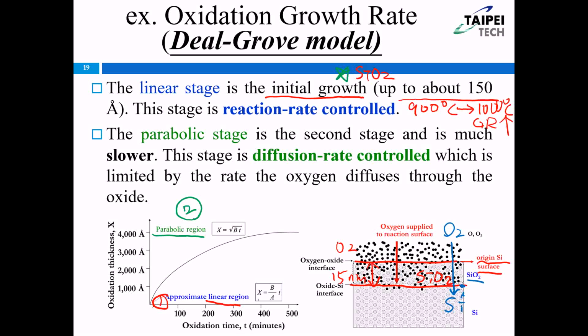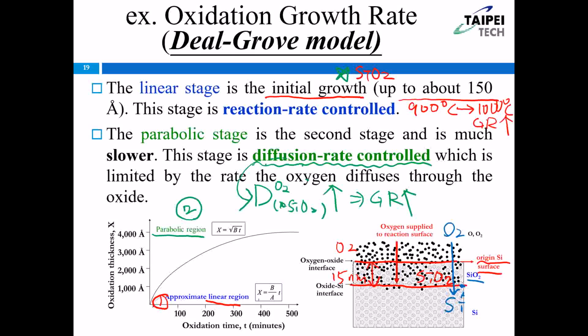So here, if the diffusion coefficient of the oxygen in the silicon dioxide is higher, then the growth rate can be improved. So we say it's the diffusion rate control.